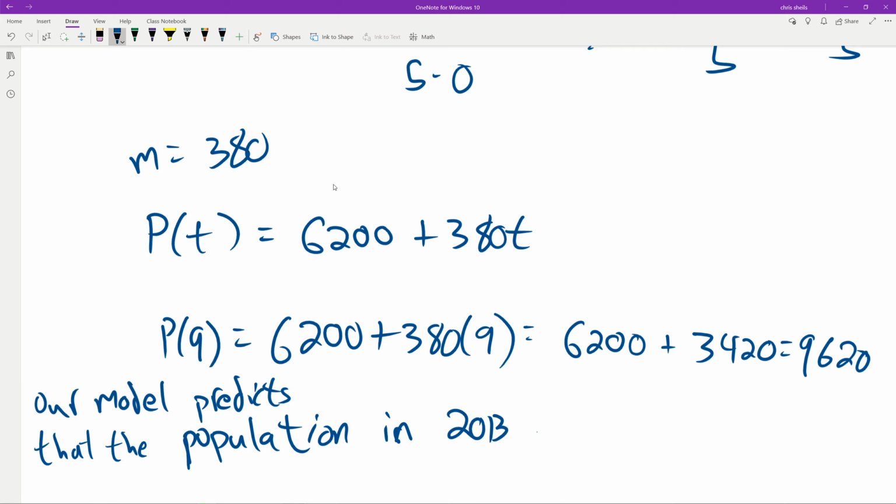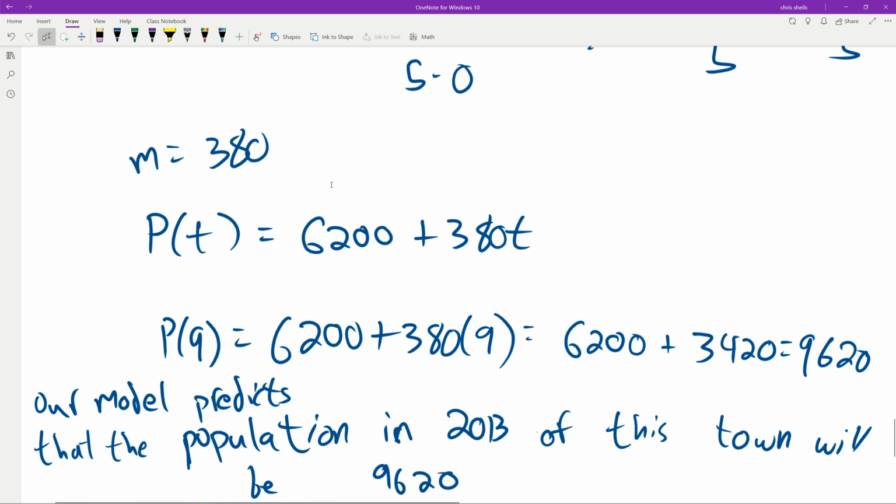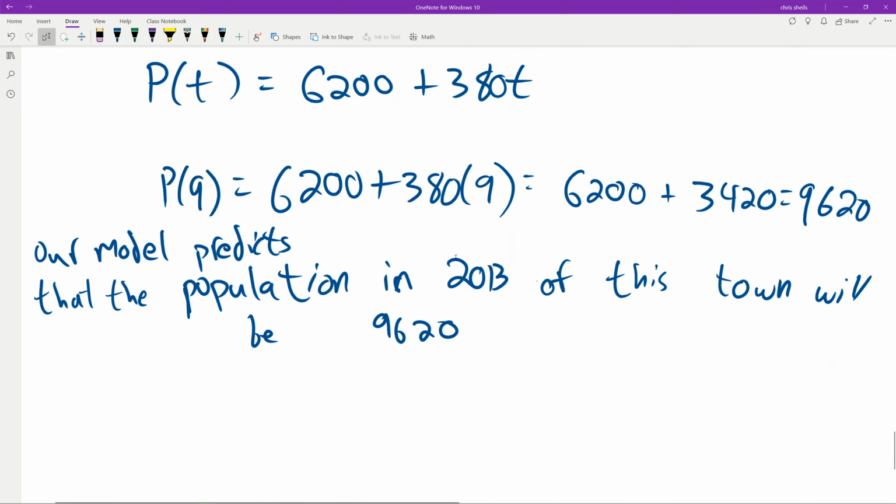Our model predicts that the population in 2013 of this town will be 9,620. That could probably be worded better, but I just wanted to clarify. Of course, realistically, the town's population could stray from this model, right? But this is what our model predicts.